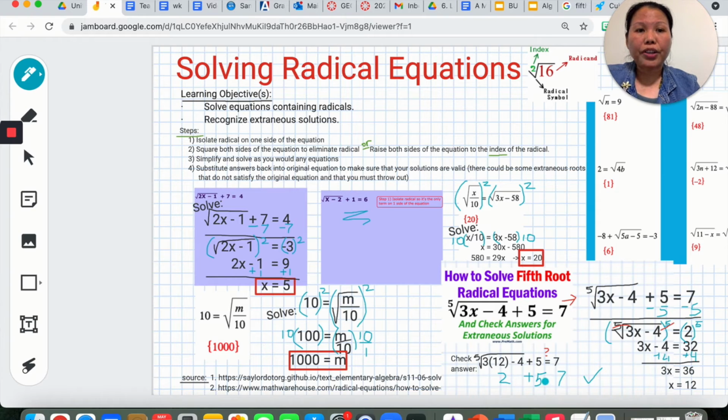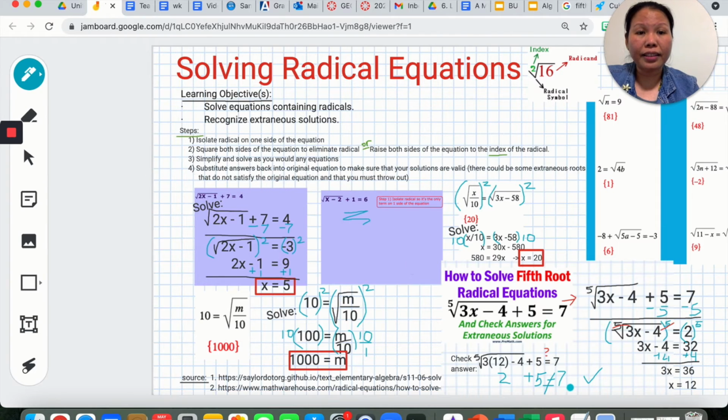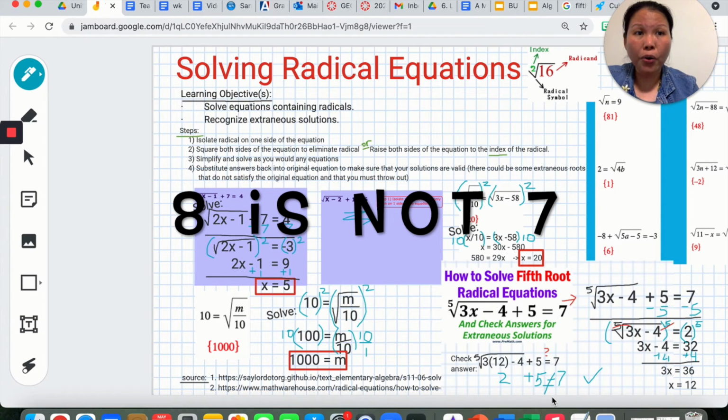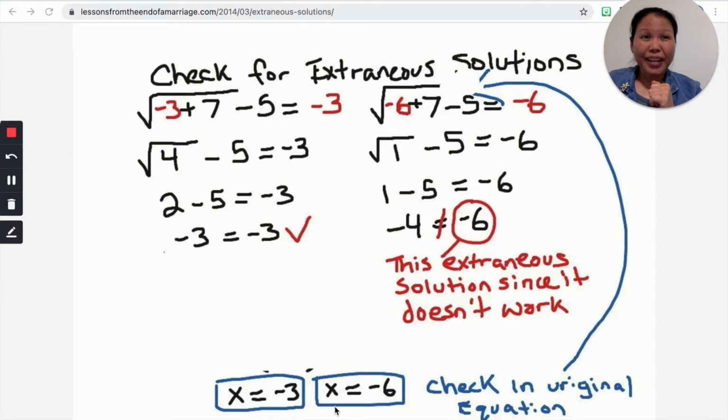If we don't have it to be true, let's say when you get the answer maybe 3 or something and you add 5, we get 8. 8 is not equal to 7 and this is false or it's not equal, then you're going to say that is the extraneous solution. Extraneous solution is a solution or answer when we substitute it back in and we get false or not equal. Can you say extraneous?